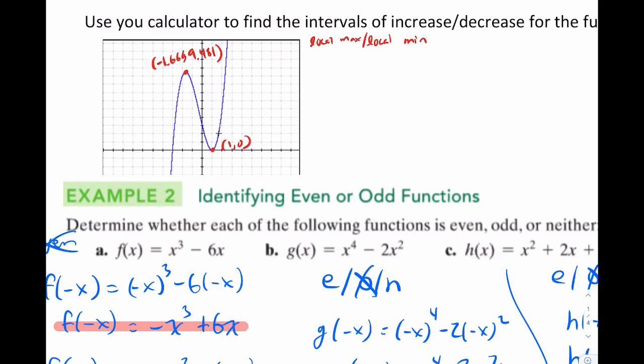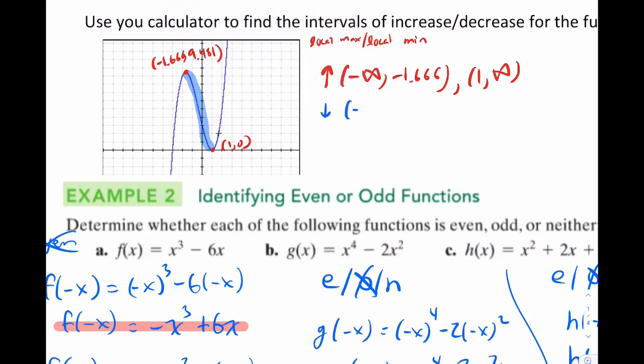So for the interval of increase, let's put our up arrow. We can see it's increasing from negative infinity to negative 1.666. That's right here. And then from 1 to infinity. It's decreasing in this interval right here. I'll do that in blue for you.